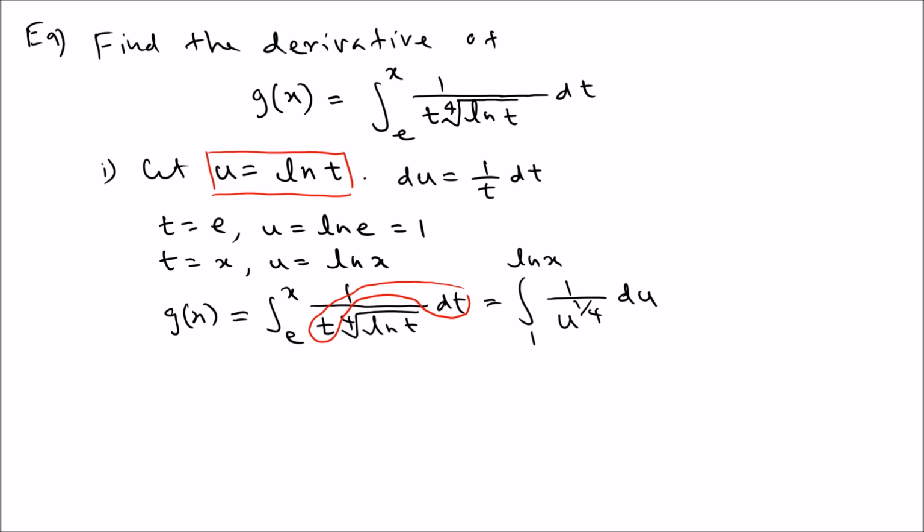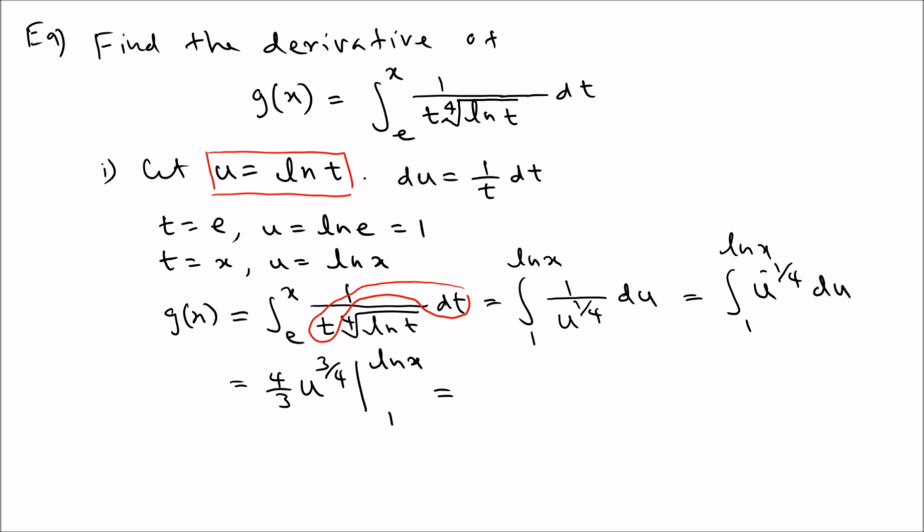Now you can rewrite this as the integral from 1 to ln x of u to the negative 1/4 du. This is just the basic power rule. You add 1, and it becomes 3/4, and you divide by that, which means you multiply upside down. So it's 4/3 u to the 3/4 evaluated at ln x and 1.